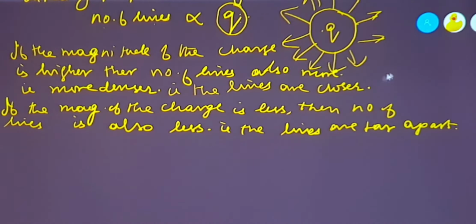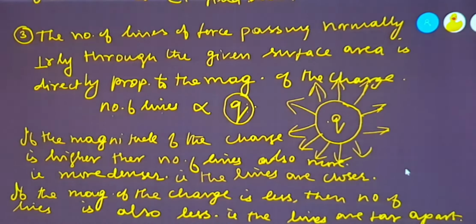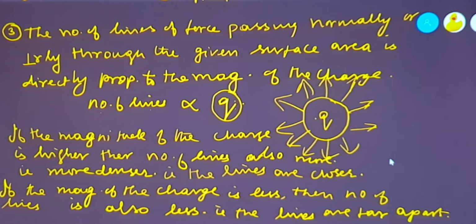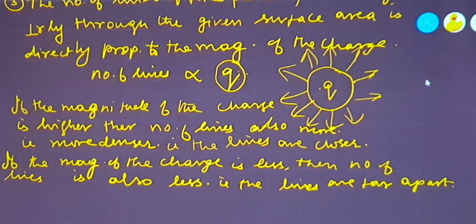Clear? The number of lines passing normally or perpendicularly through the given surface is directly proportional to the magnitude of the charge Q. If the magnitude of the charge is higher, the number of lines is also more.